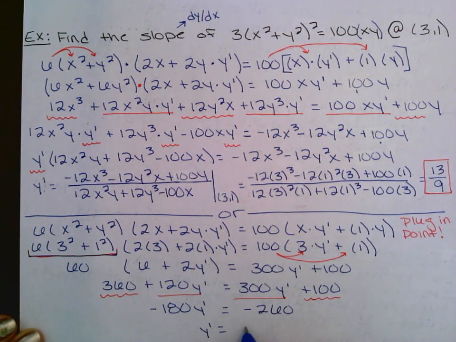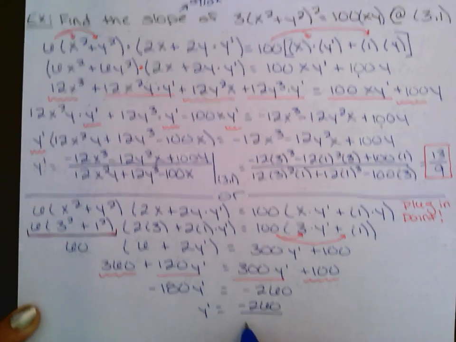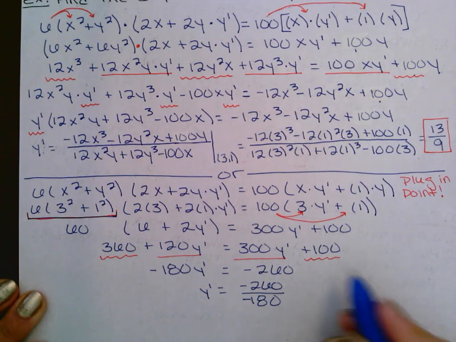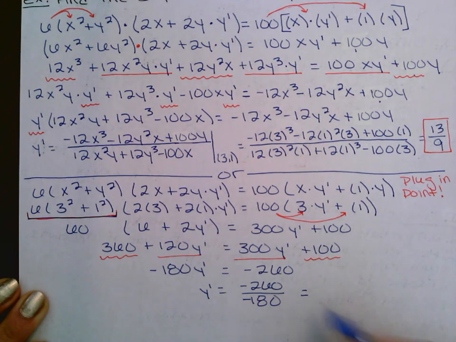Y prime equals negative 260 over negative 180. And then remember, if you are doing AP, the moment you have y prime by itself, you can stop. But if it's multiple choice, you'd reduce, and that reduces to 13/9.